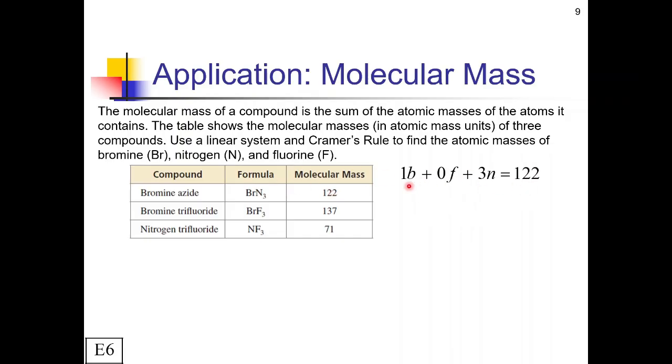So that's the first equation we can write. For the next one, now we have 1B plus 3F plus, there's no nitrogen in that one, so 0N, and that all equals 137. And then finally we have nitrogen trifluoride. That's 0B, 0 bromine atoms, plus 3 fluorine, plus 1 nitrogen, 1N, equals 71.